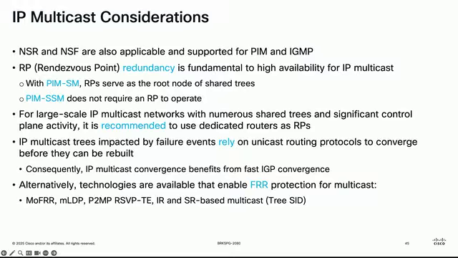And while IGP convergence is on the order of sub-second or multi-seconds, depending upon your IGP scale, there are also next-gen multicast technologies that enable 50 millisecond protection for multicast. And these are listed here on the bottom. Multicast only fast reroute, multicast LDP, point-to-multipoint RSVP-TE, ingress replication, and so forth. Okay.